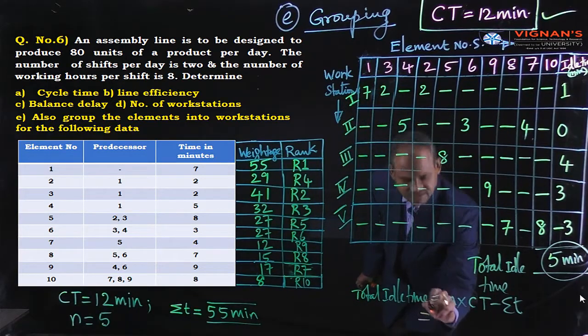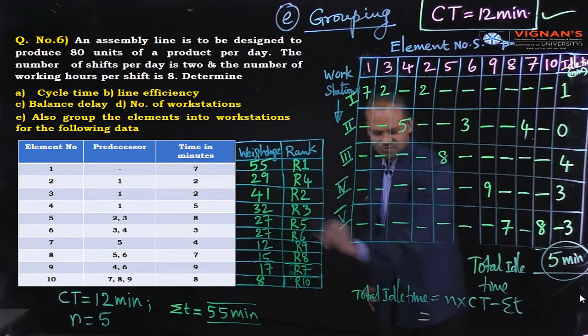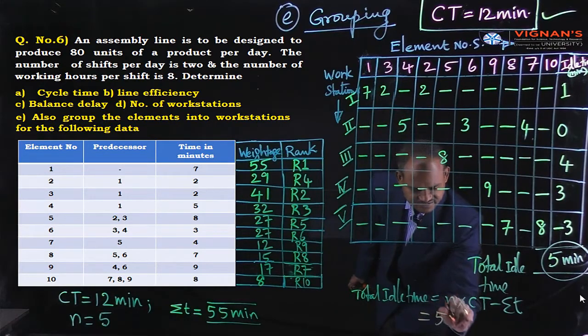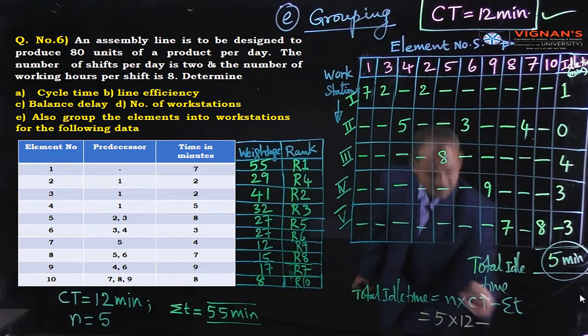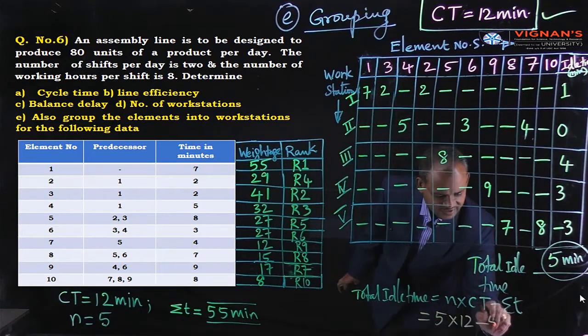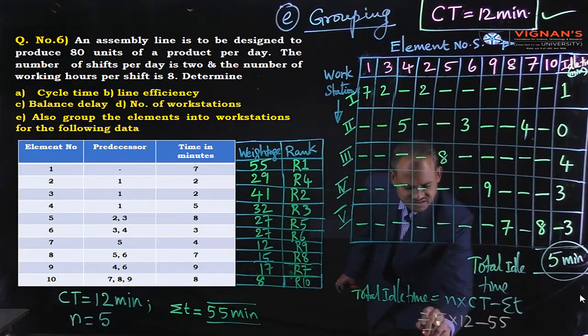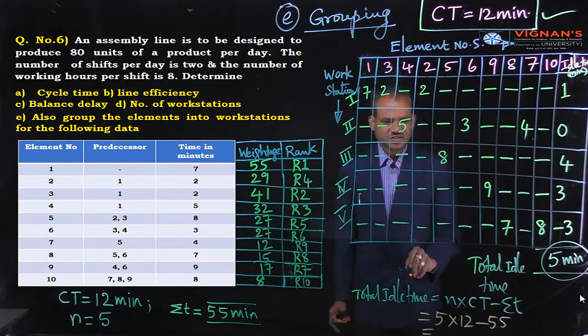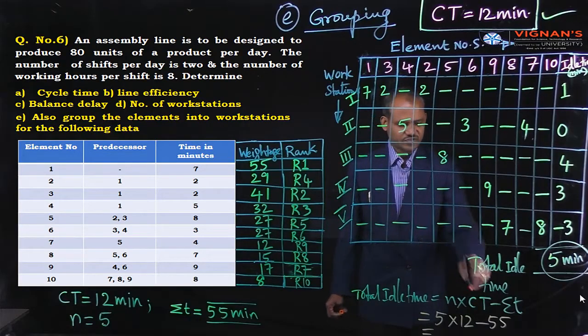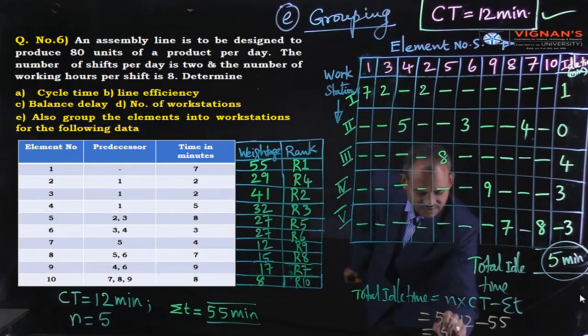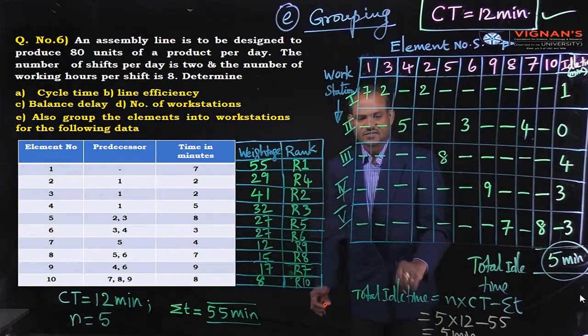Please check. N means 5 workstations. CT means 12, minus sigma T means 55. How much? 5 times 12, 60, minus 55. Exactly 5. So we have verified.